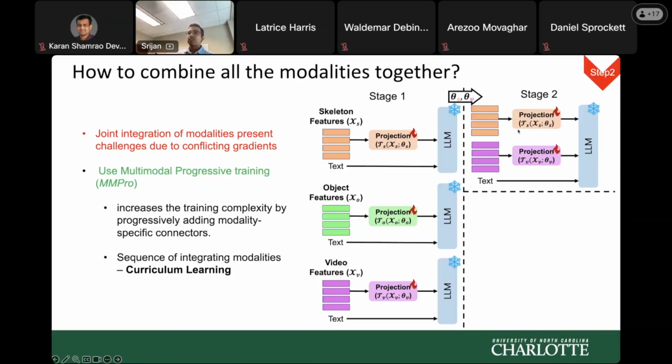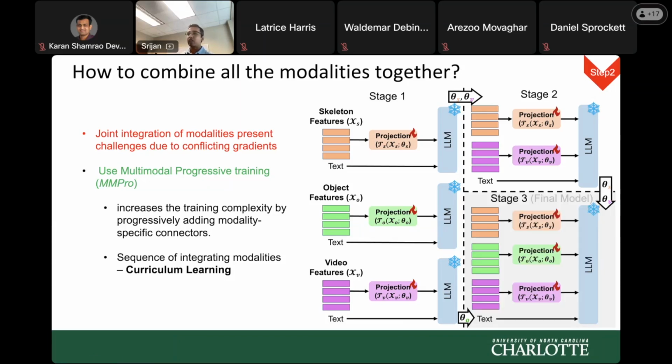The projections, the MLPs that we use, are initialized from stage 1. Now we take the third modality, which is the remaining modality, and integrate it in stage 3. The projector is initialized again from stage 1, but for skeletons and for videos, the projector is initialized from the previous stage.